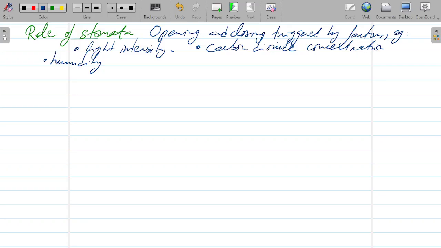And these factors are not acting alone. All of these factors act in, if I'm using the word correctly, in tandem.